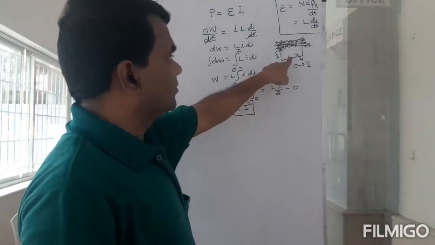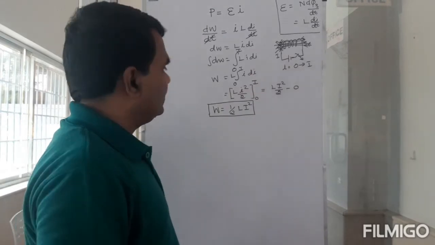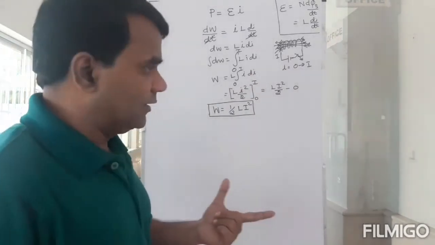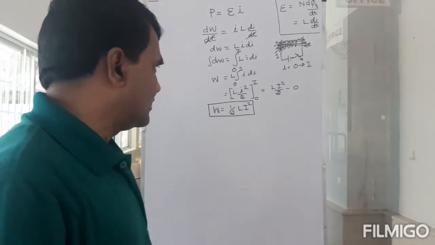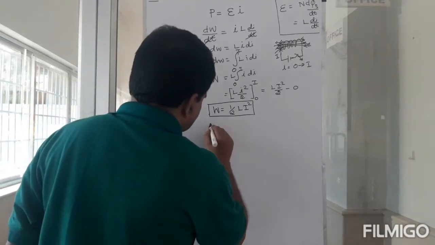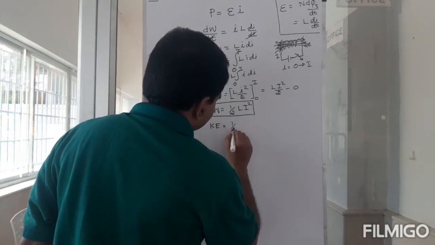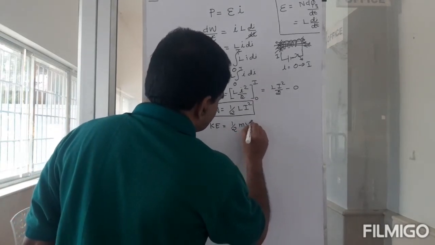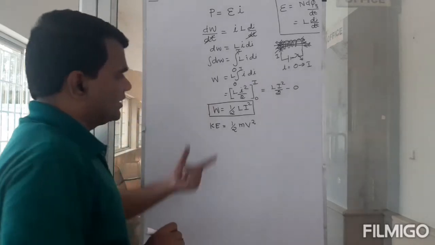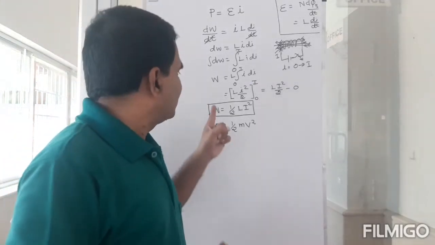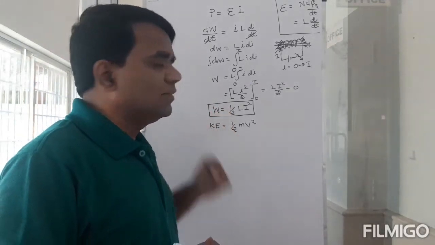The energy has to come from the battery. Okay. And I also want you to compare the kinetic energy equation. If you take kinetic energy, what's the equation you get? It is equal to half mv squared.